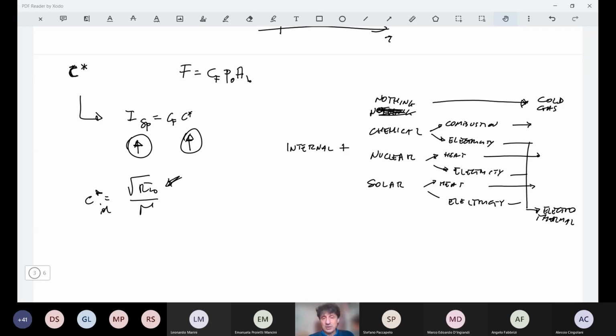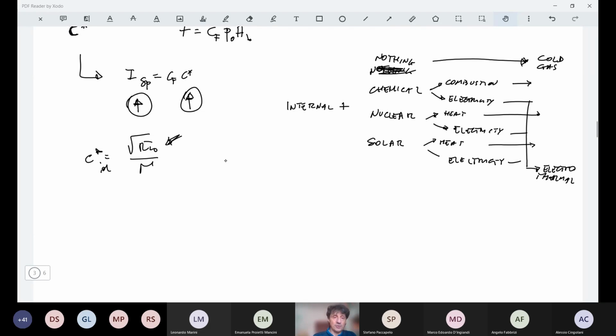And this for sure can be obtained for chemical rockets, and in principle, as I mentioned, can be obtained for some case of theoretical nuclear rocket.